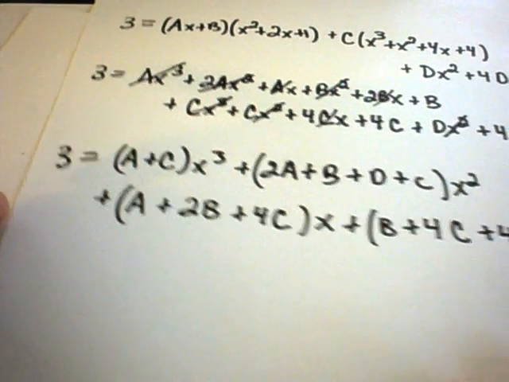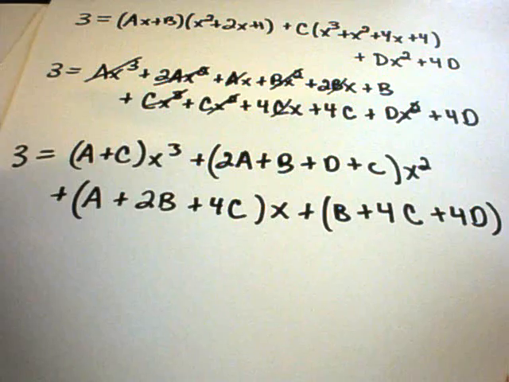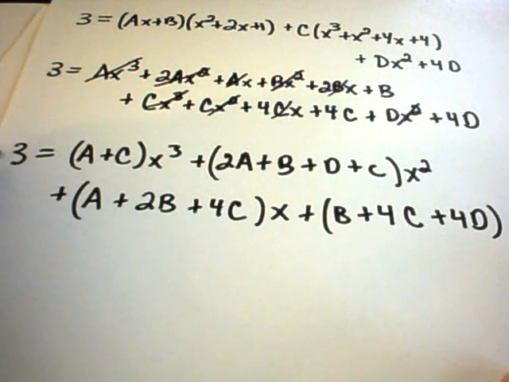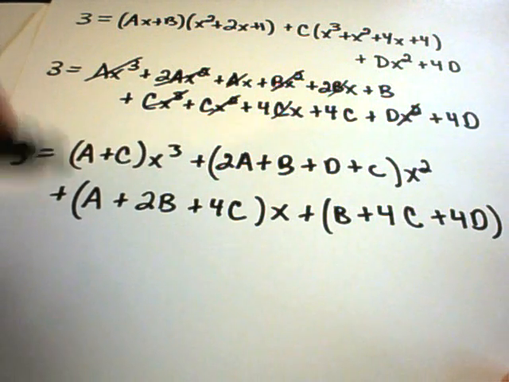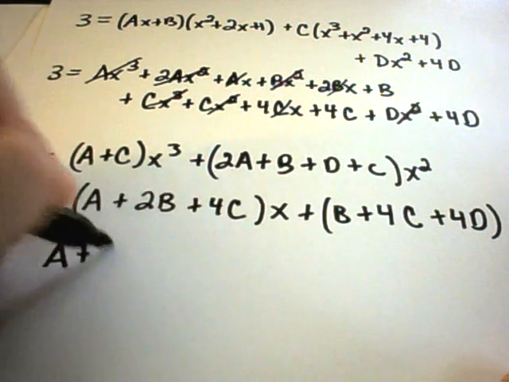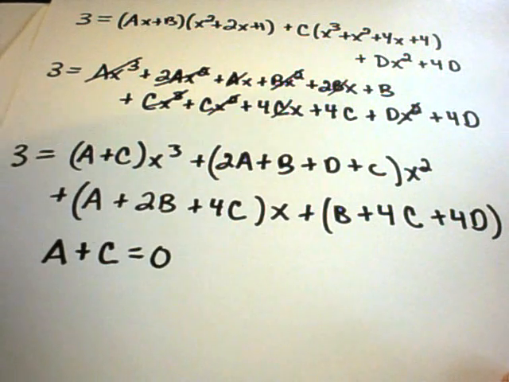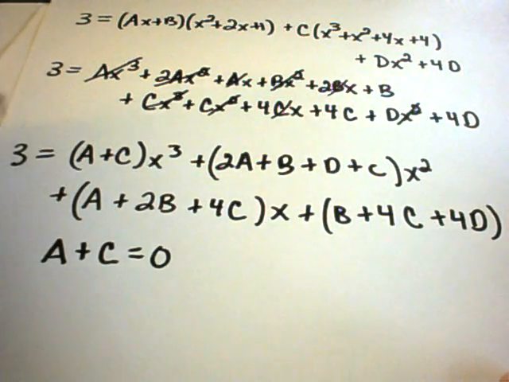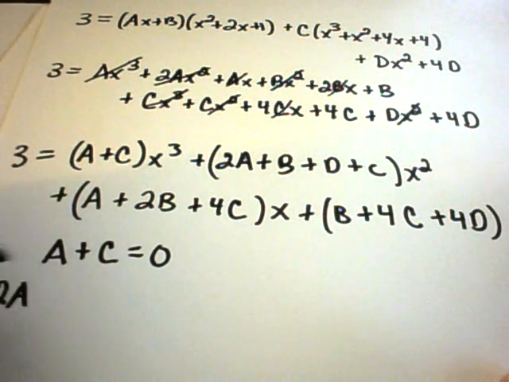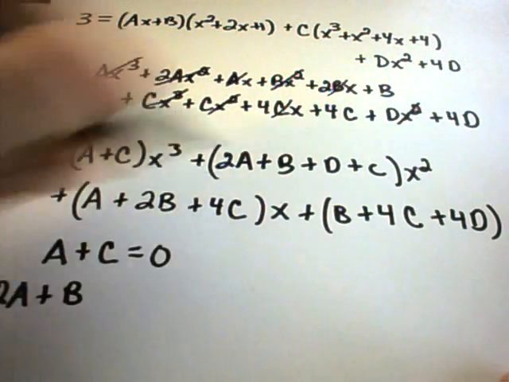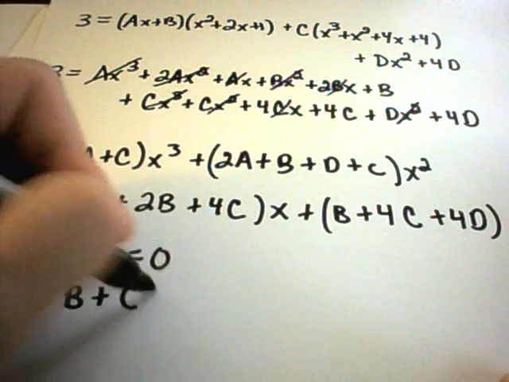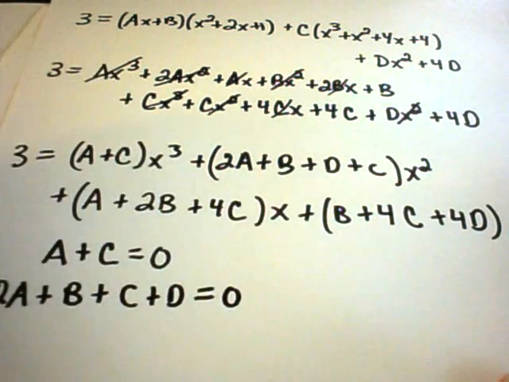And now this is where the equating of the coefficients comes into it. There's no x cubed term on the left side, so that means a + c = 0. There's no x squared term on the left side, so that means 2a + b, I'm going to alphabetize it, + c + d also equals 0.